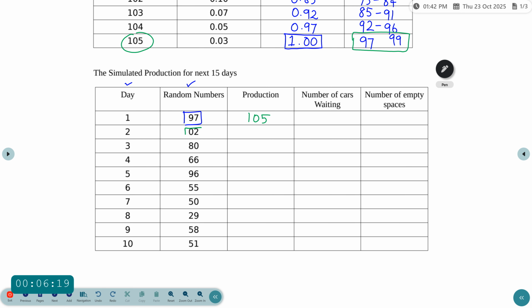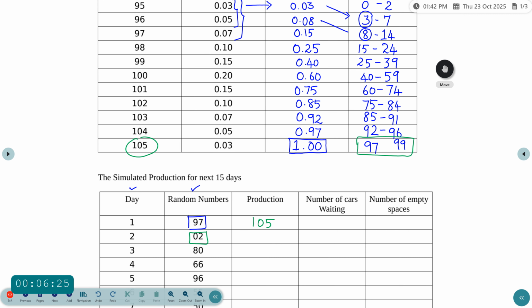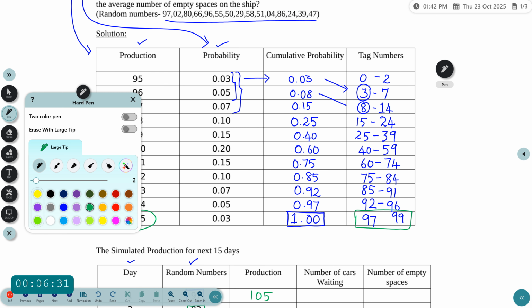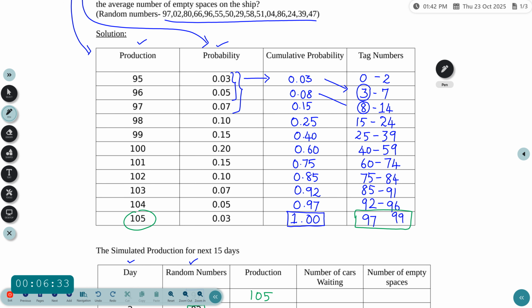Similarly for 2, corresponding to its tag number, the production is 95.